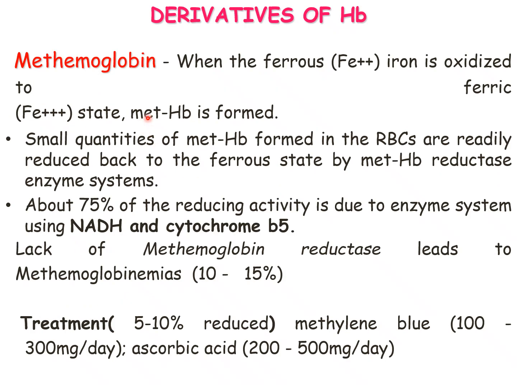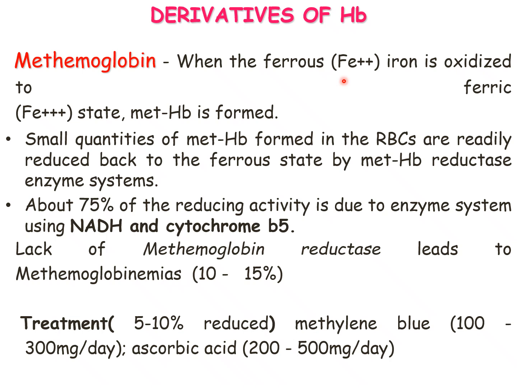Methemoglobin, a very important 2-mark or 3-mark question. In subdivisions they will ask: when the ferrous ion is oxidized to the ferric state, methemoglobin is formed. You should be clear; every student writes a methyl group in the hemoglobin, but there is no need to write like that. The oxidized iron combines with hemoglobin to form methemoglobin, Fe2 plus going to Fe3 plus.